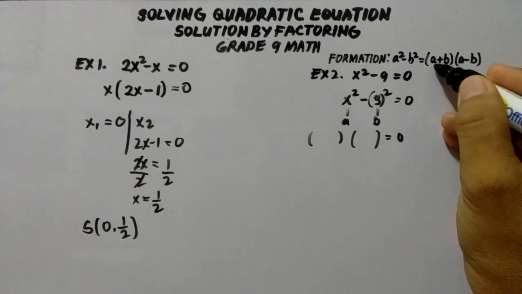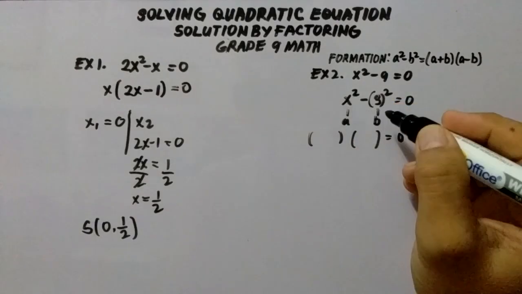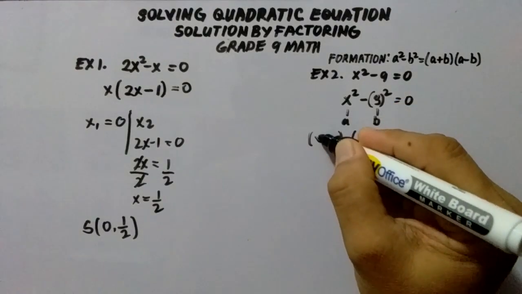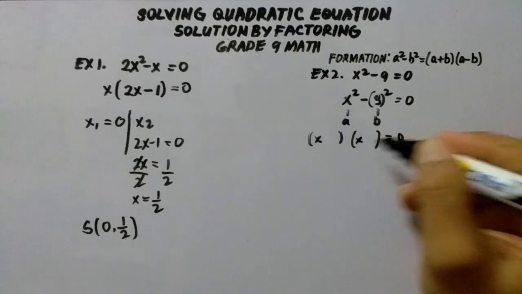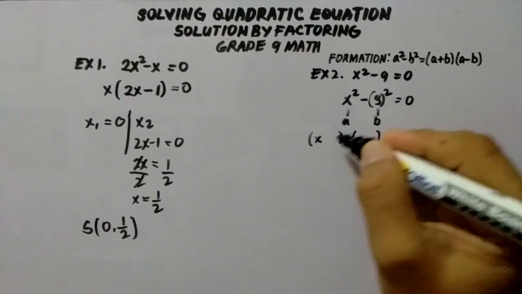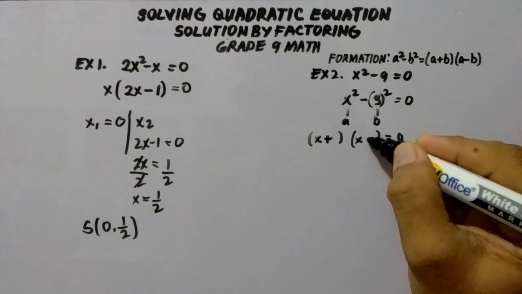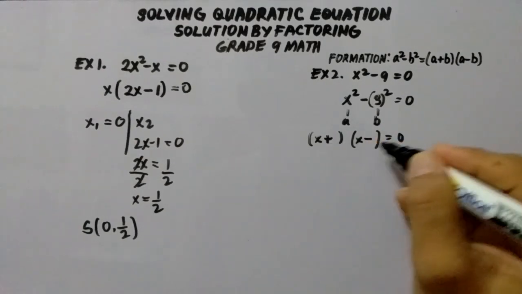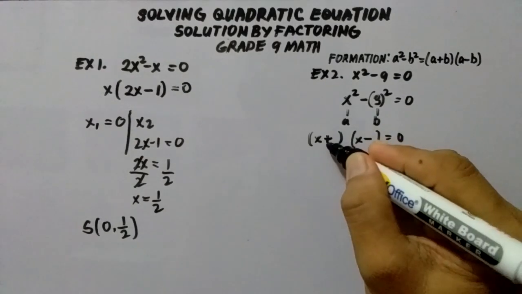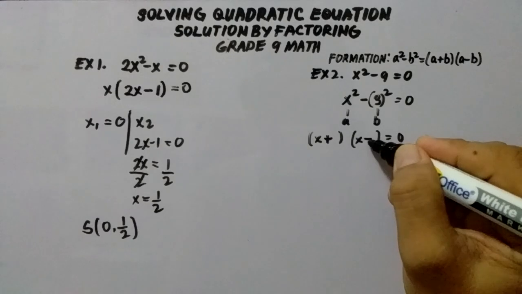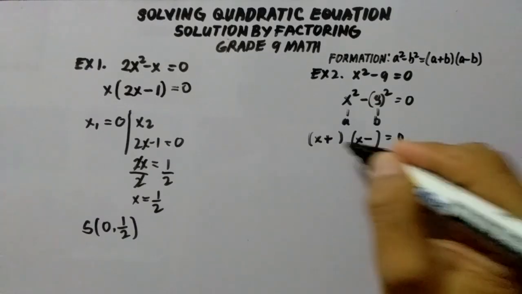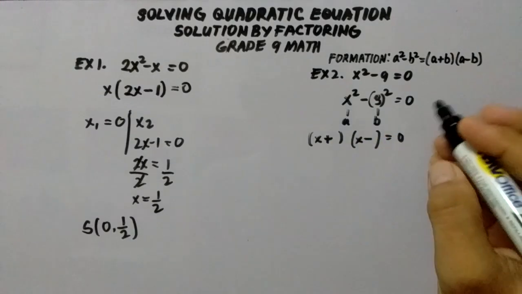Okay? So, we have letter A. Value po ng A is x. So, we have x here. Then, x. Then, copy the sign, positive and negative. Okay? So, ang tanong nyo po, pwede po bang pagbaliktarin? Dito yung negative, mauuna, then followed by the positive sign. Pwede po yun, kahit magkabaliktad. Okay.